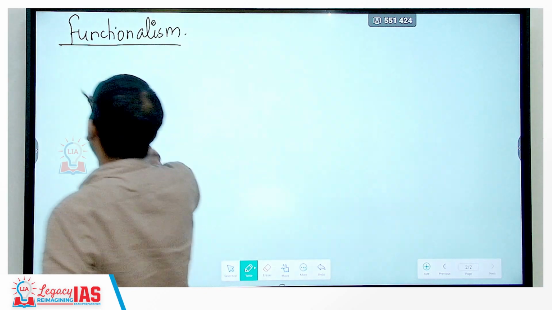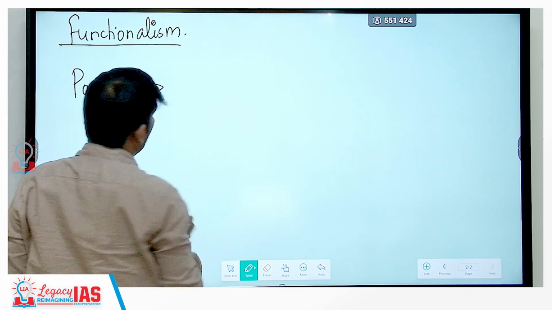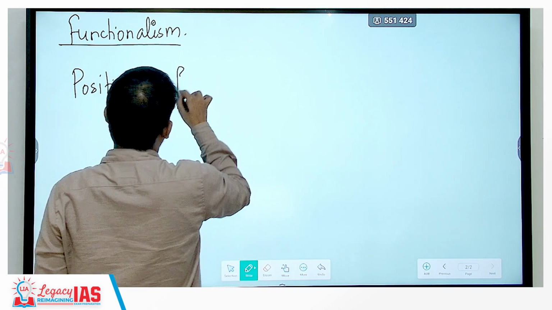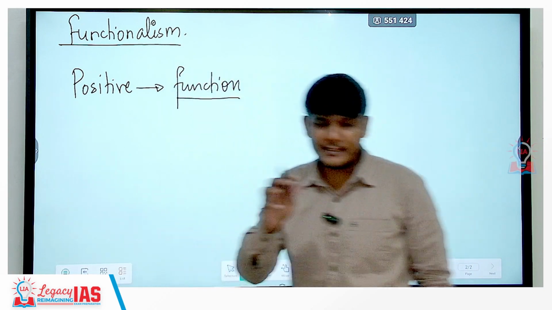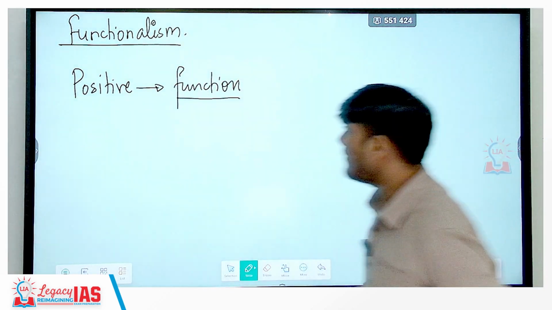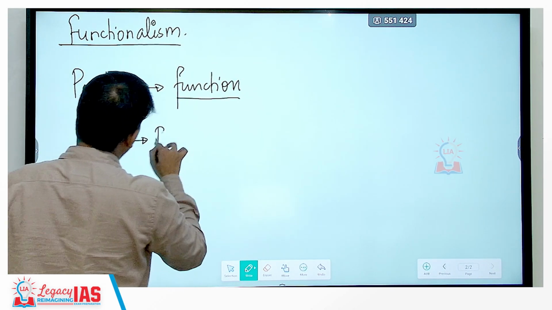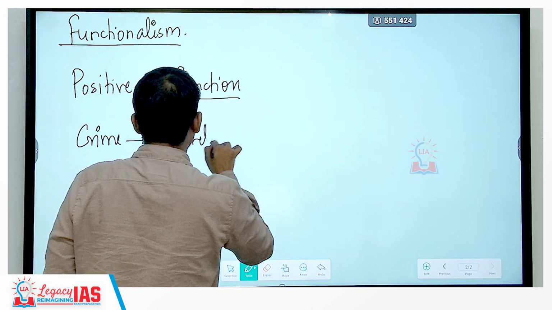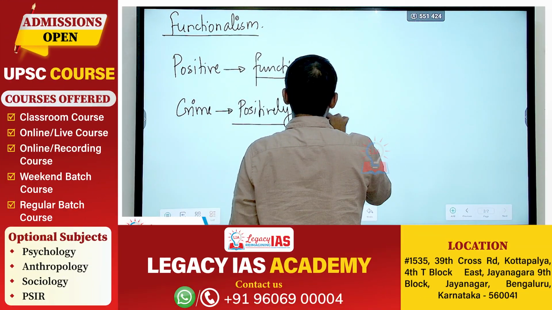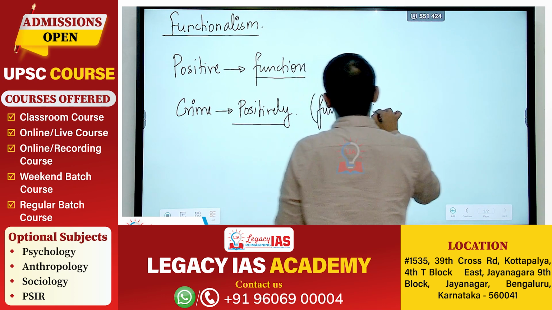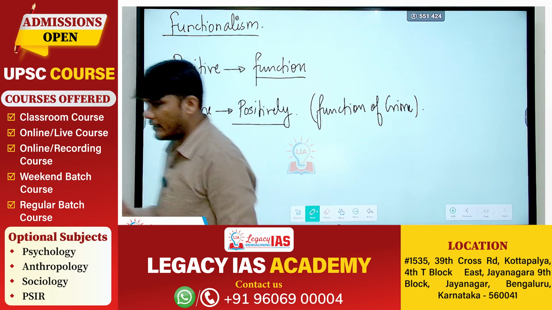Positive manner as in, by positive what do I mean? They will look at what its function is. For example, I said that even for crime, they would talk positively. Why? Because they will say that there is some positive function of crime which exists. Now you may think, how is it possible that there is a function of crime?